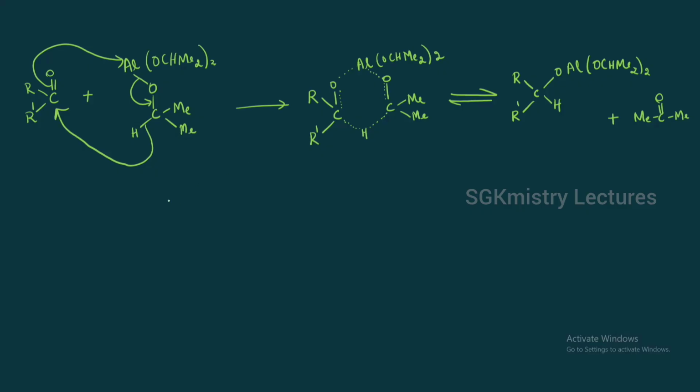Now let us look into what happens next. We have R, R', H, and here O-Al(OCHMe2)2. On hydrolysis, you're going to get the alcohol, so here OH and H. Along with that, you're going to get back the aluminium isopropoxide.